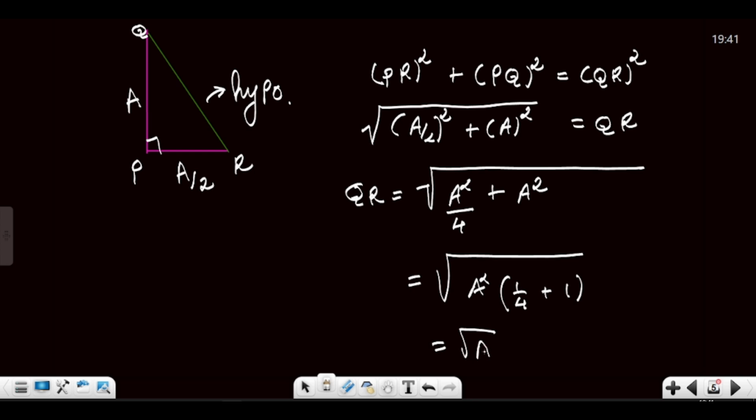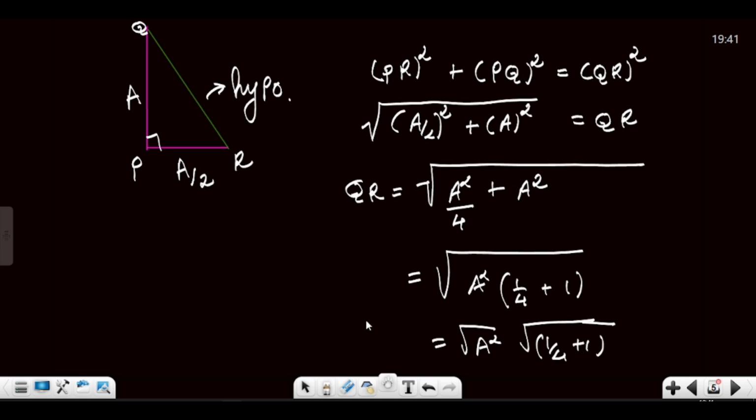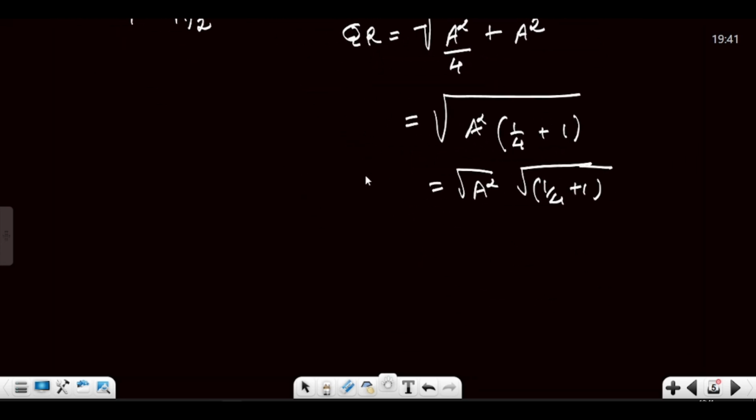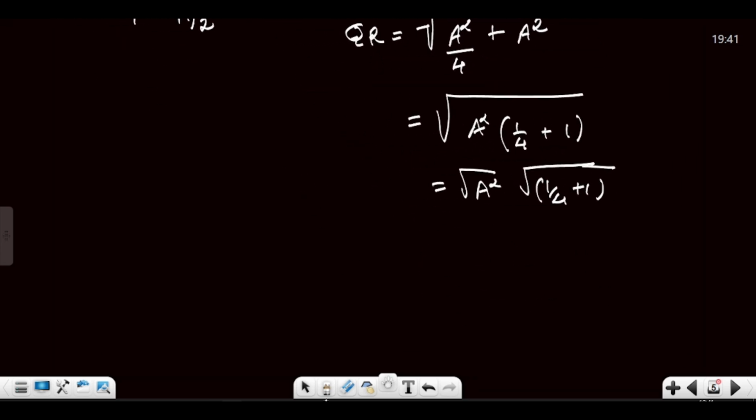Root of A square, root of 1 by 4 plus 1, we will have A under root 5 by 4, and root of 5 by 4 will be root 5 by 2.